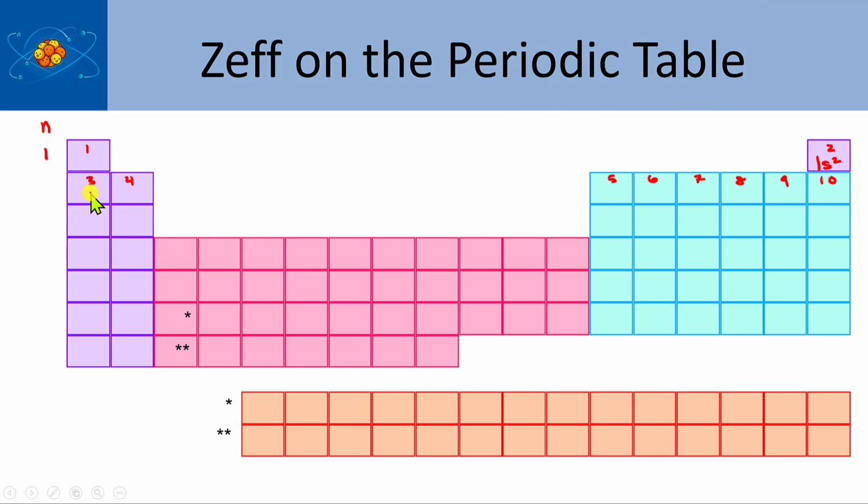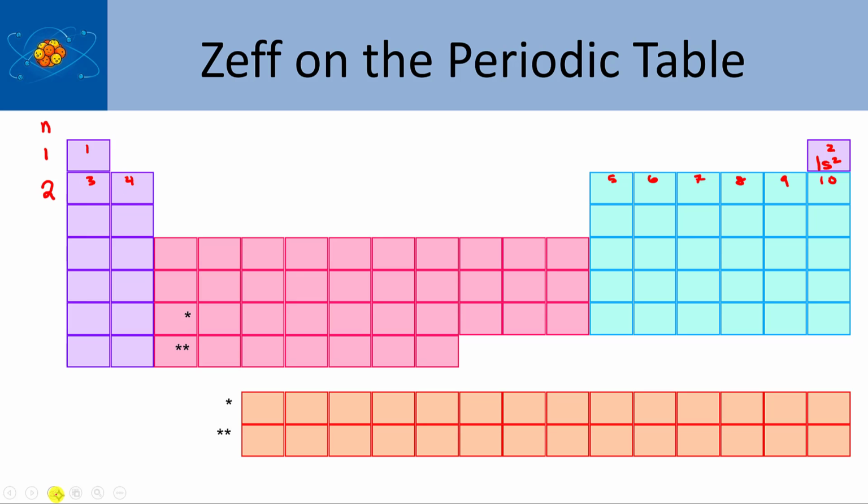Now, when you go to the next energy level down, so this is n equals 2, then what you get to do is you get to subtract these electrons off from the nuclear charge.